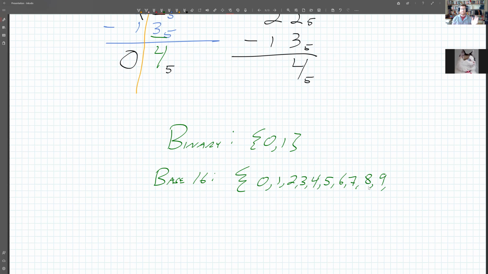Now we need a digit for 10, right? 11, 12, 13, 14, 15, and we stop because with the 0, that gives us 16, right? Oh my gosh, what's A plus A equal? That blows your mind. That requires another presentation at another time.